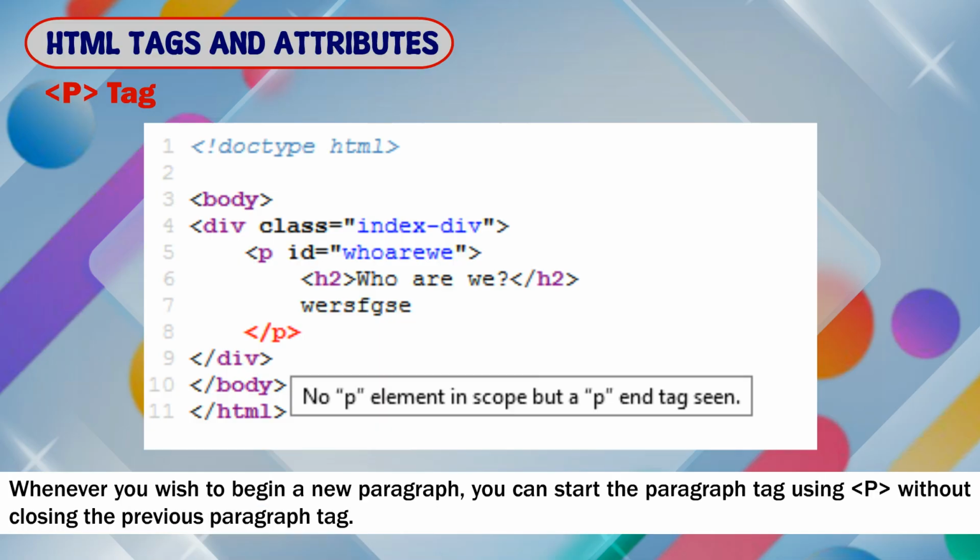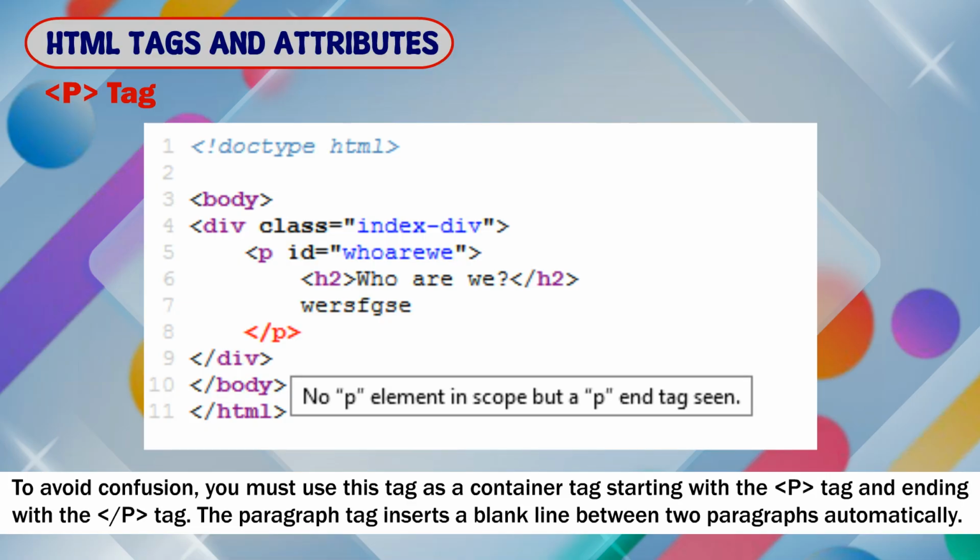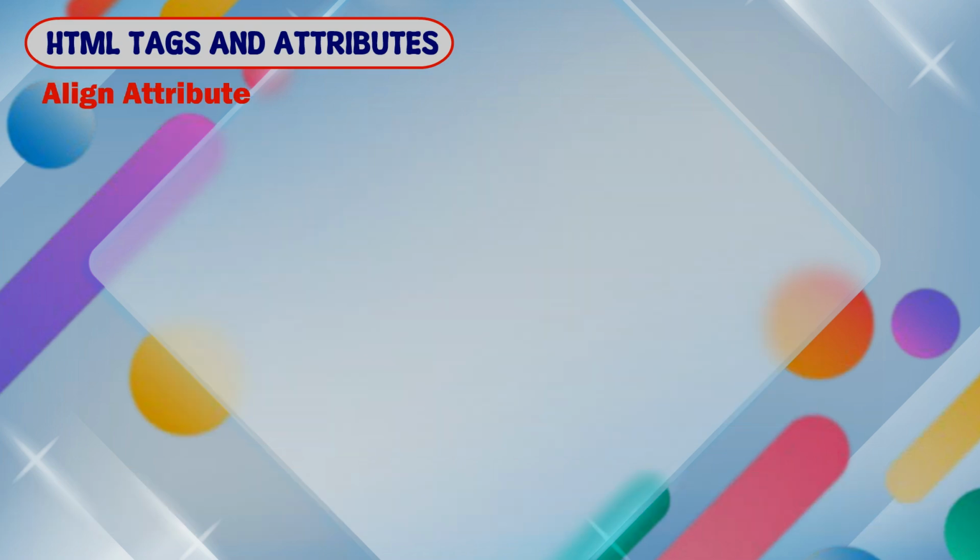Whenever you wish to begin a new paragraph, you can start the paragraph tag using <p> without closing the previous paragraph tag. To avoid confusion, you must use this tag as a container tag starting with the <p> tag and ending with the </p> tag. The paragraph tag inserts a blank line between two paragraphs automatically.